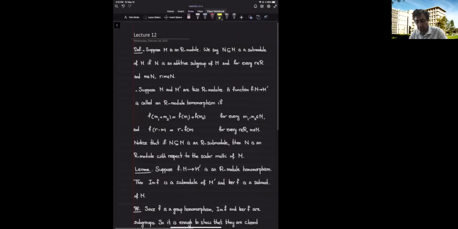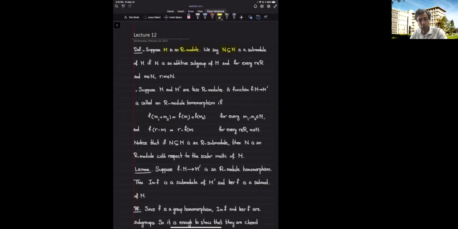Let's start with submodules. Suppose M is an R module. A submodule N, of course, is a subset. A module has two structures, if you remember. One of them is the abelian group structure. The other one is coming from the scalar multiplication.